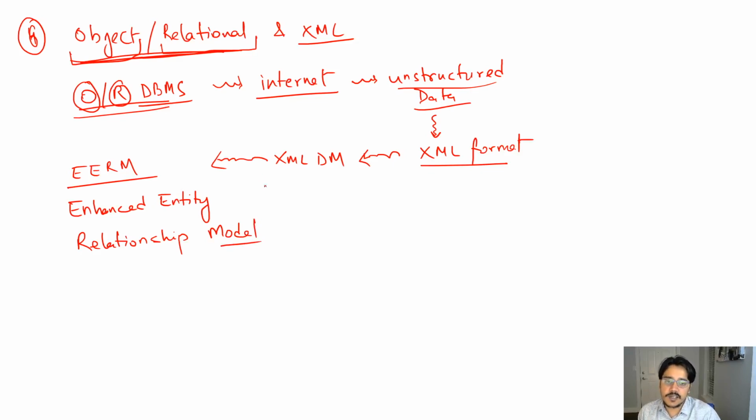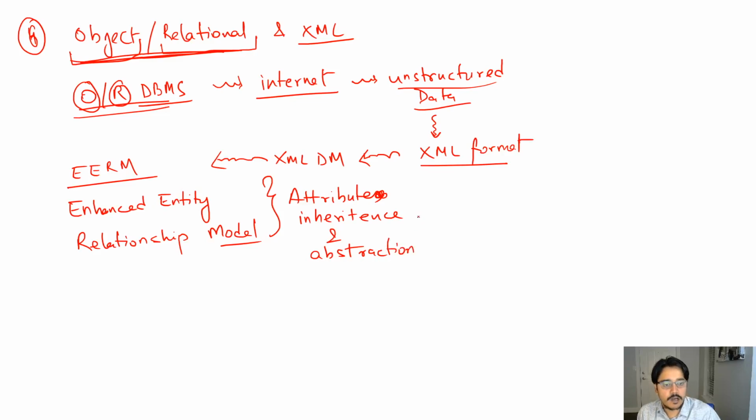So what happens here is it incorporates the idea of attribute inheritance and abstraction, along with the concept of virtual entities for representation purposes only and not for implementation purposes.